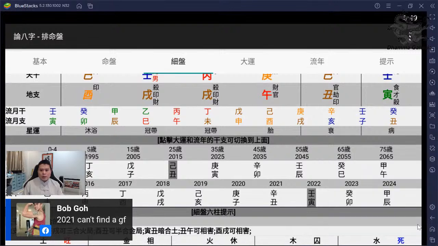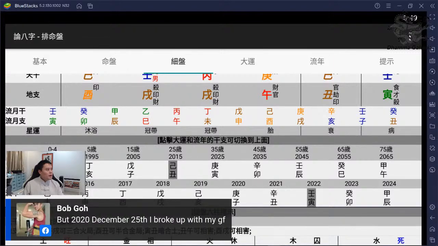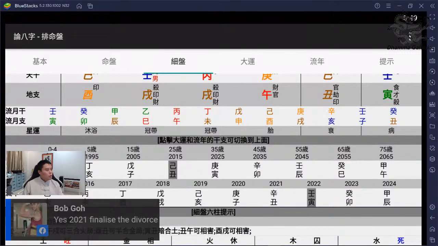But in the year 2021, the metal is being buried within the earthly branch of Chou. That's the reason why in 2021 you had unsuccessful relationship developments, including the breakup with your girlfriend and also the divorce with your wife.